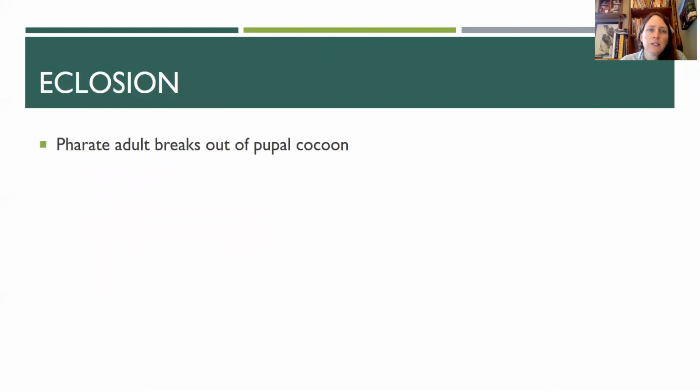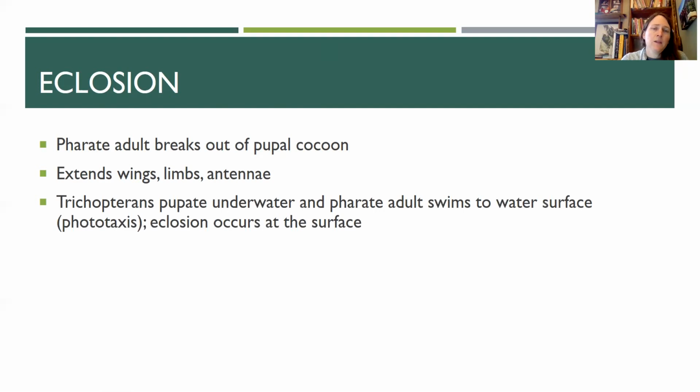Okay, so eclosion is when the pharate adult breaks out of its pupal cocoon, and then it starts to extend its wings, its limbs, and its antenna. So trichopterans tend to pupate underwater, and then the pharate adult swims to the water surface using what's called phototaxis, and that just means it's sensing light and moving toward the light.